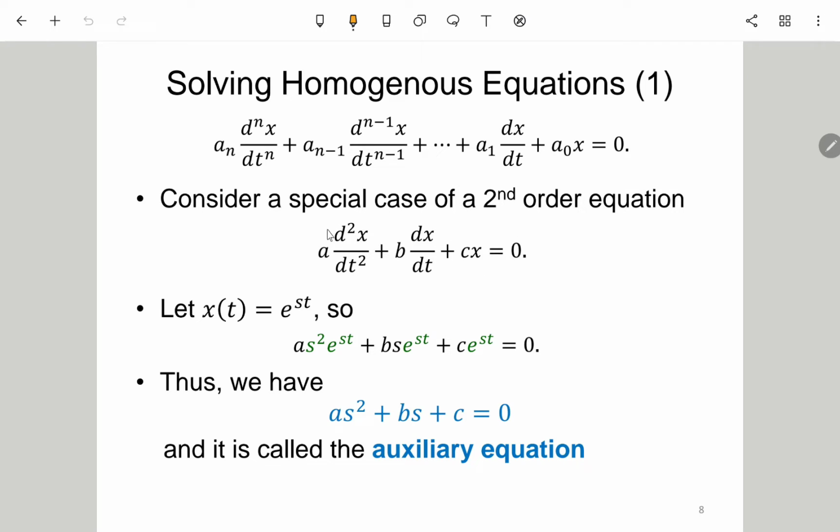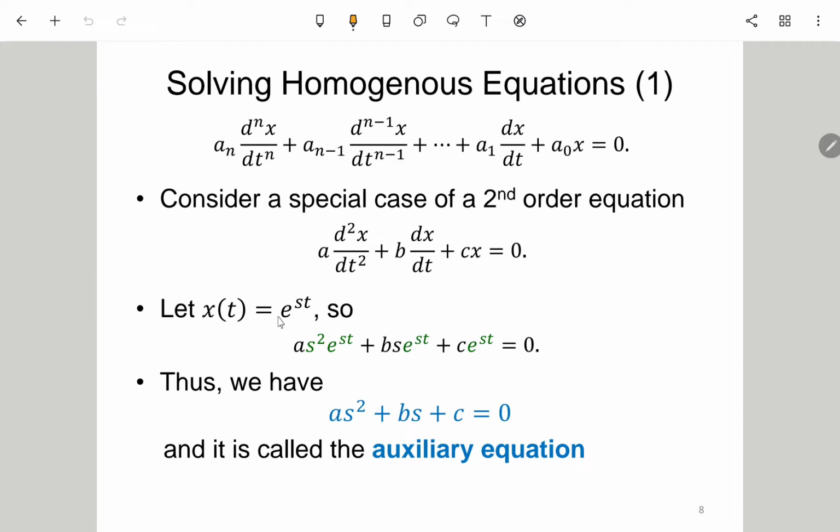Here we have a second order homogeneous equation, and we try to guess the solution of it. Just pretend we are very lucky, or very intelligent, to guess the correct solution.